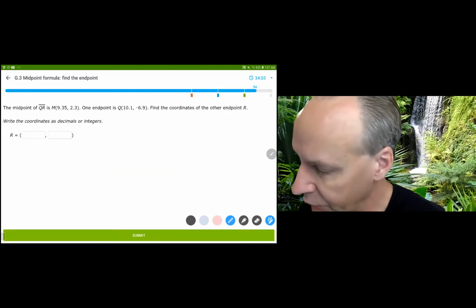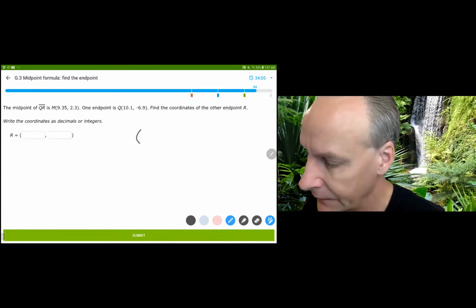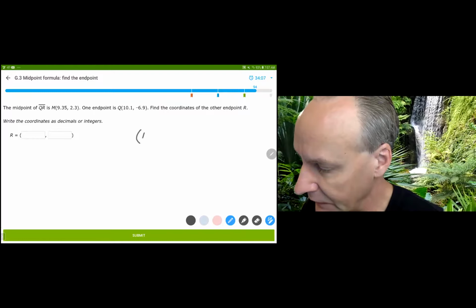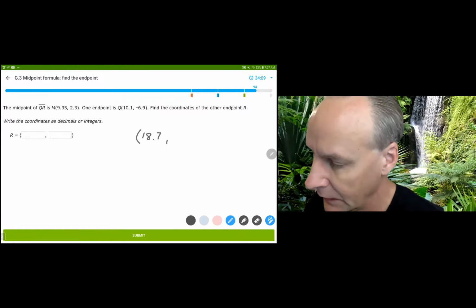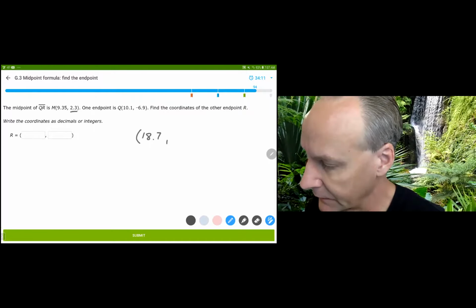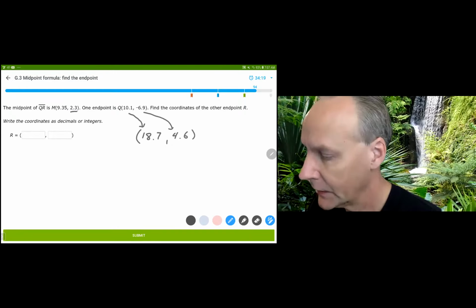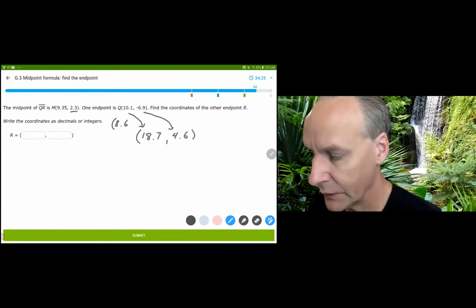And we're going to double our midpoint. This one is a little easier. It's 18.70, 18.7. And double the 2.3 is going to be the 4.6. This is where working with your signed numbers is really important. To get to 18.7, I need to add 8.6 to my 10.1.